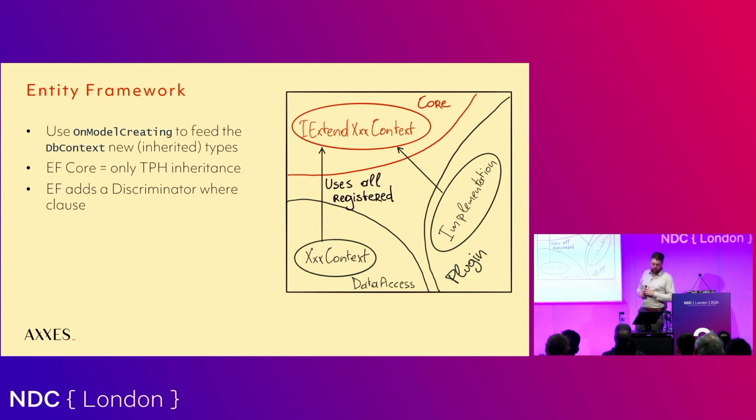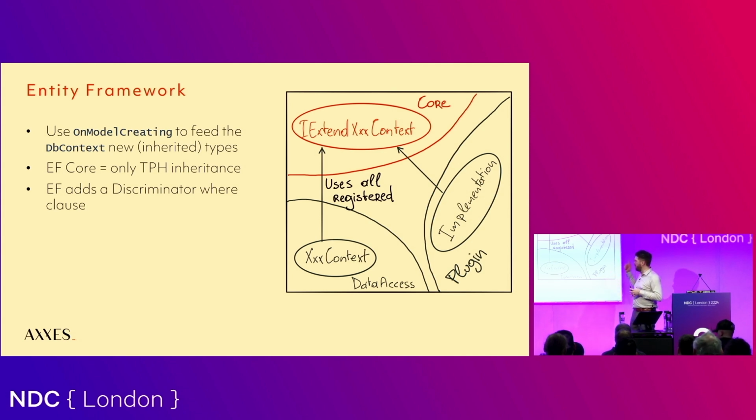We can just do Entity, and this slide is out of date actually. It used to be that in Entity Framework Core, you could only map inheritance in your database in one way. Basically putting all the fields in a single table and then having a discriminator that told you what type of record it is.